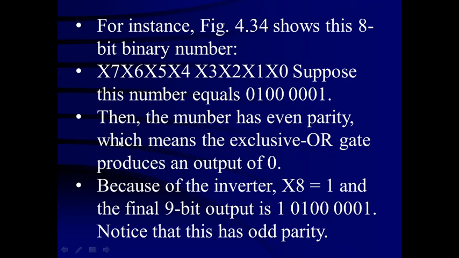The exclusive OR gate produces an output 0. Because of the inverter, x8 is going to be 1, and the final 9-bit output number is 1, 0, 1, 0, 0, 0, 0, 0, 1. It contains 3 ones, that means it has odd parity.